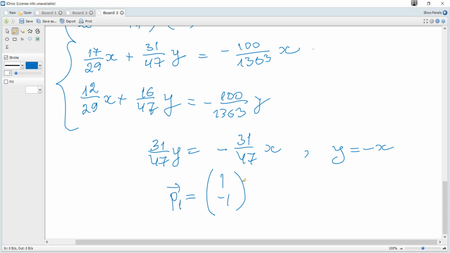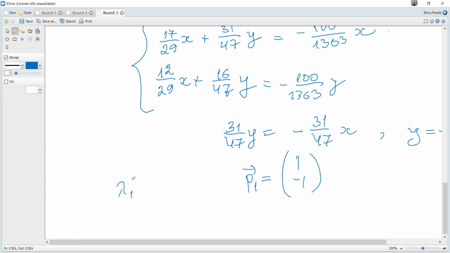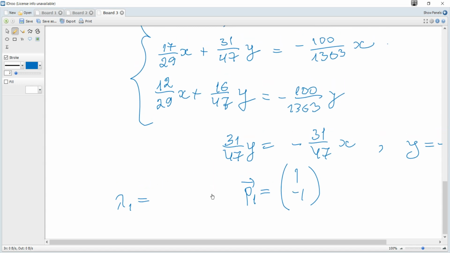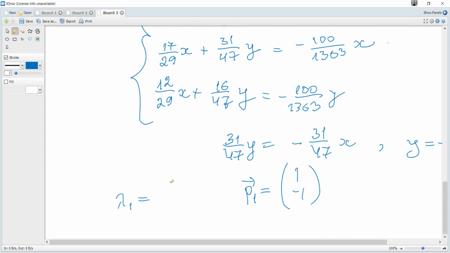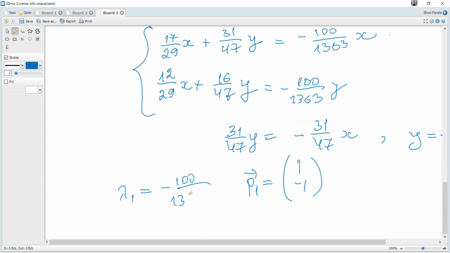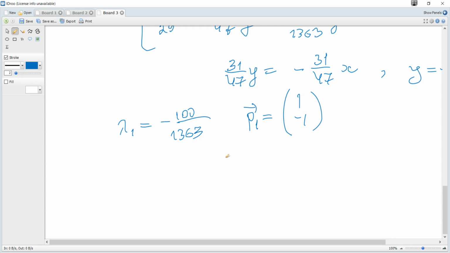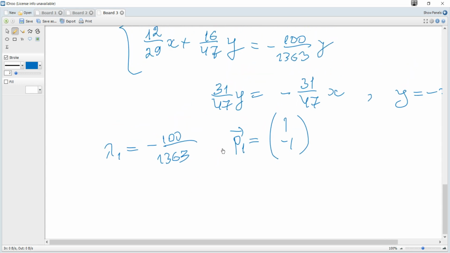So it's the first eigenvector corresponding to eigenvalue, which is what? Negative 100 over 1363.